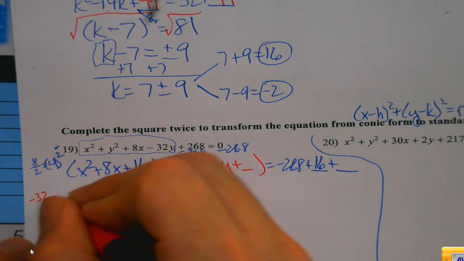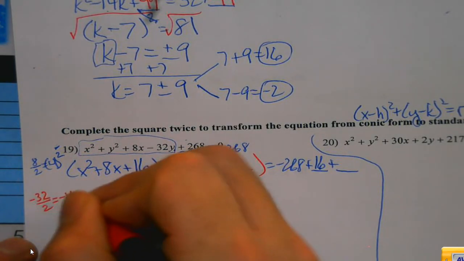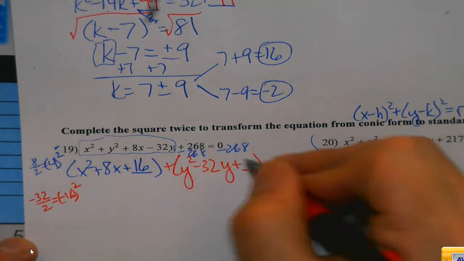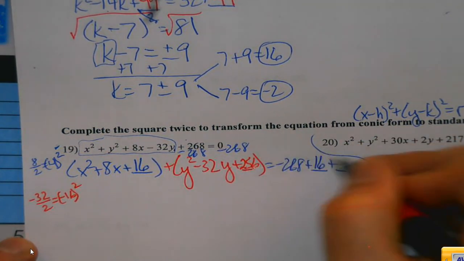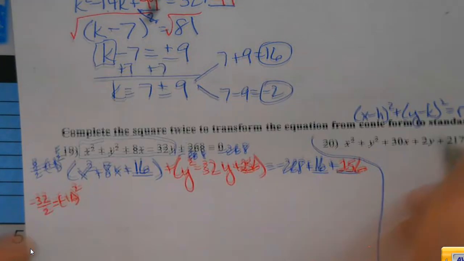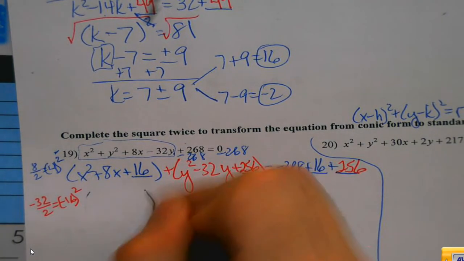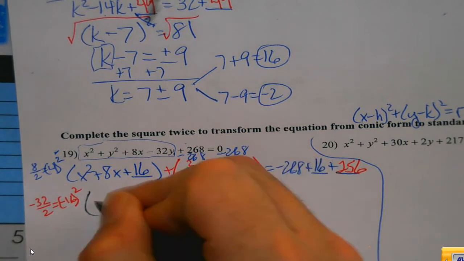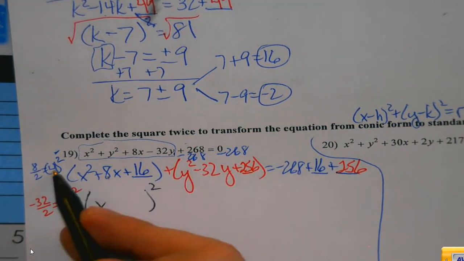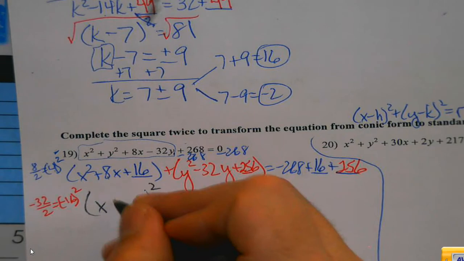Negative 32 divided by 2 is negative 16. Squared is 256. And so now, especially if I've just done that completing the square problem up above, half of b, the number in the parentheses, positive 4.